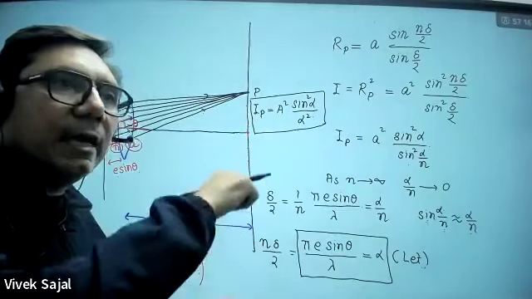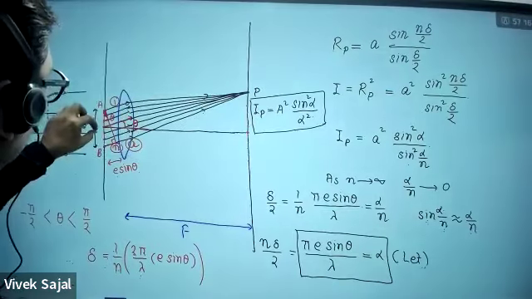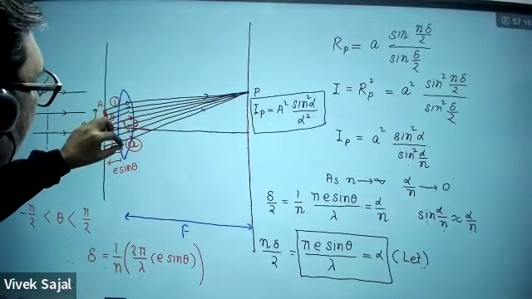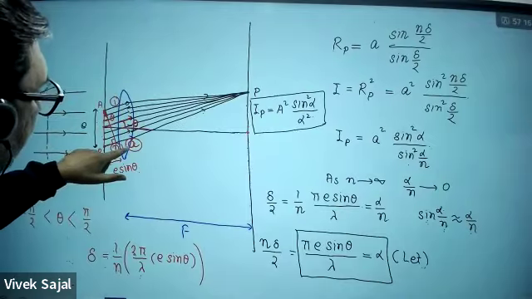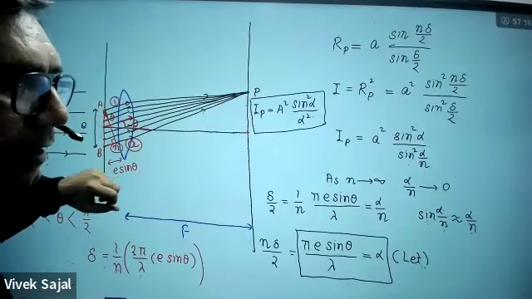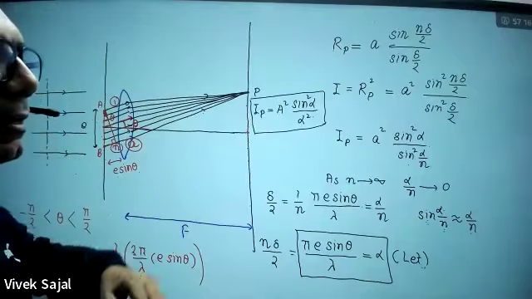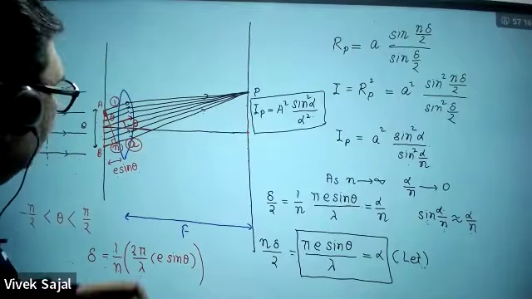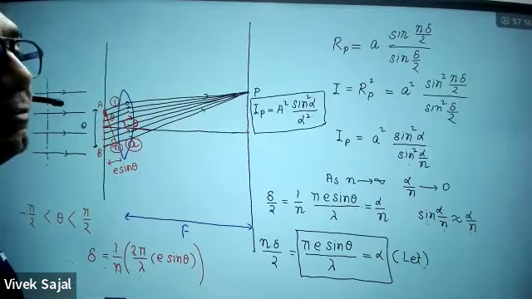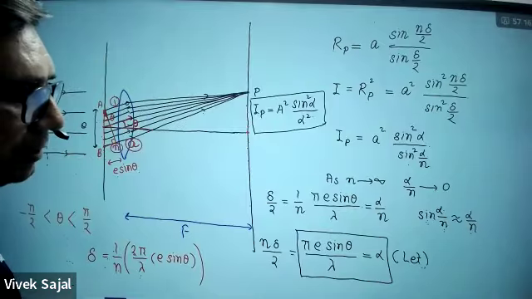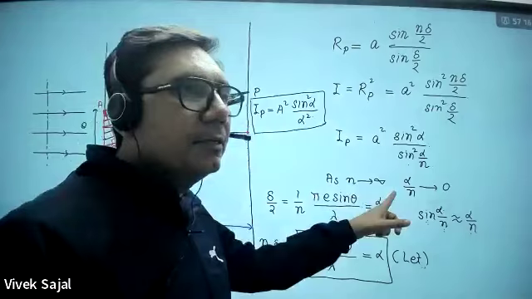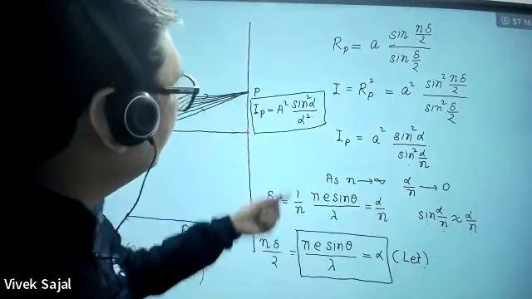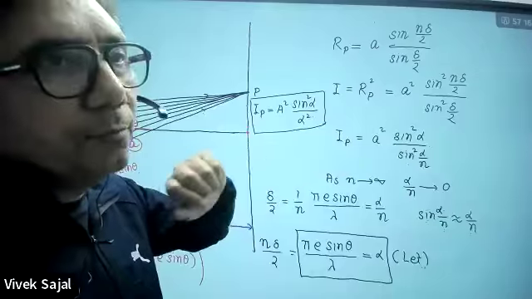As you increase the number of point sources, as you are considering more and more point sources, this A will become lesser, lesser, lesser. And if n is very, very large, like 10 to the power 4, 5, 6, automatically this A will be as small as you can think. That's why I'm choosing n tending to infinity, so this A is tending to 0.